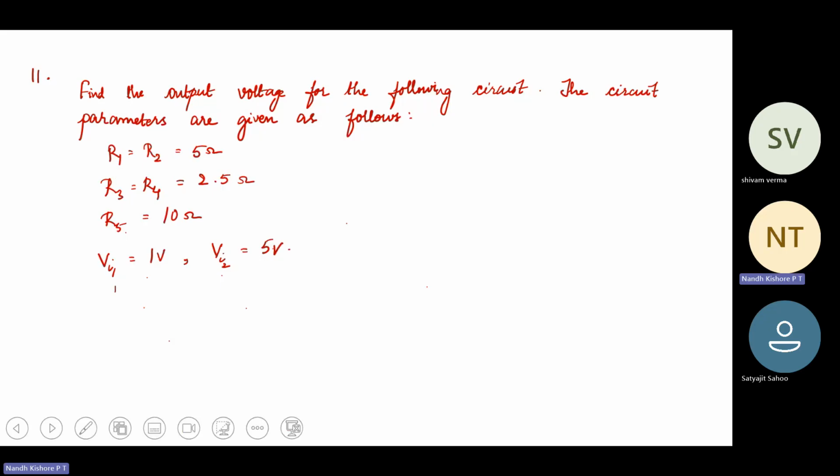And they have also given the circuit over here. It's a two-stage op-amp based circuit, right?